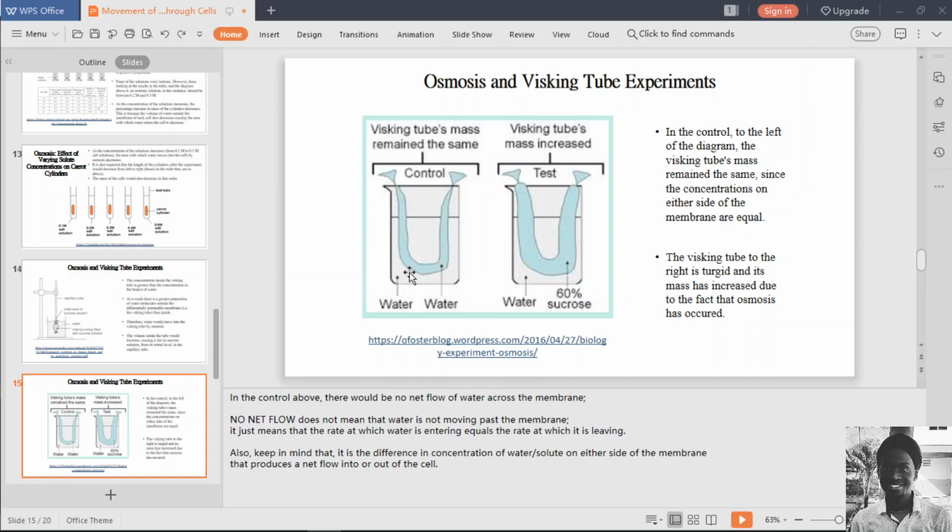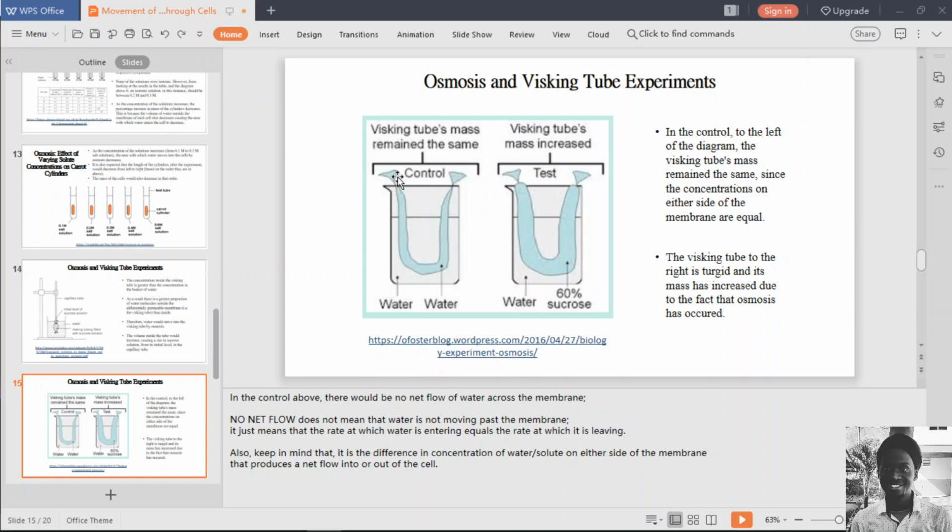So here we have water in the beaker. We also have water inside the whisking tube bag, and this water inside here is of the same concentration as the water outside here. So we have an isotonic solution. Isotonic, the concentration of both solutions are the same.